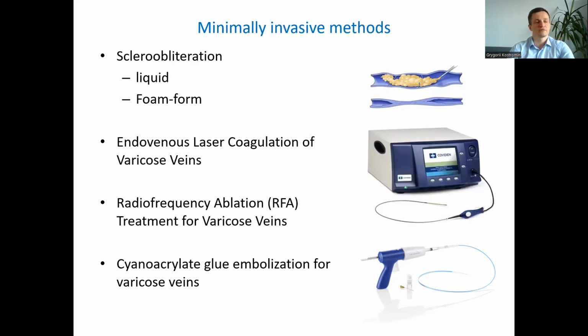Radiofrequency obliteration is a method similar to laser coagulation, but here doctors use a special radiofrequency irradiator. And the last one, cyanoacrylate glue embolization, uses medical glue for closing the varicose vein.